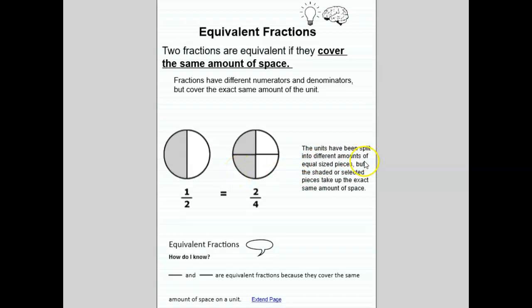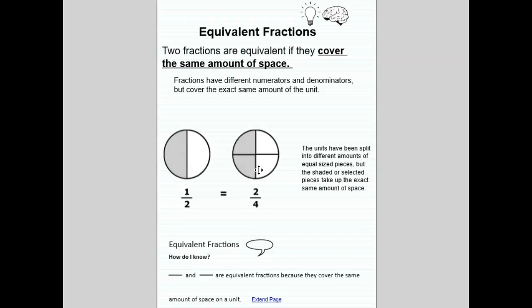So the units have been split into different amounts of equal sized pieces, but the shaded or selected pieces take up the exact same amount of space, so they are equivalent. Equivalent fractions are two fractions that cover the exact same amount of space.